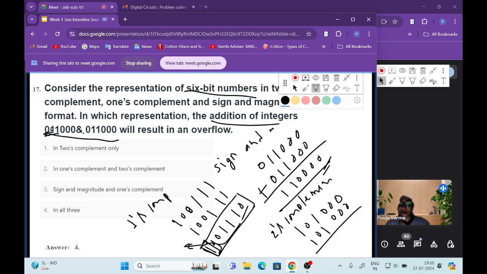It is the twos complement of these two numbers. Just add this: 1 0 1 0. So here also overflow occurs. So in ones and twos complement form the overflow occurs, but in sign magnitude form there is no overflow. So option 2 is correct. Okay, here it is wrong. So option 2 is correct only.